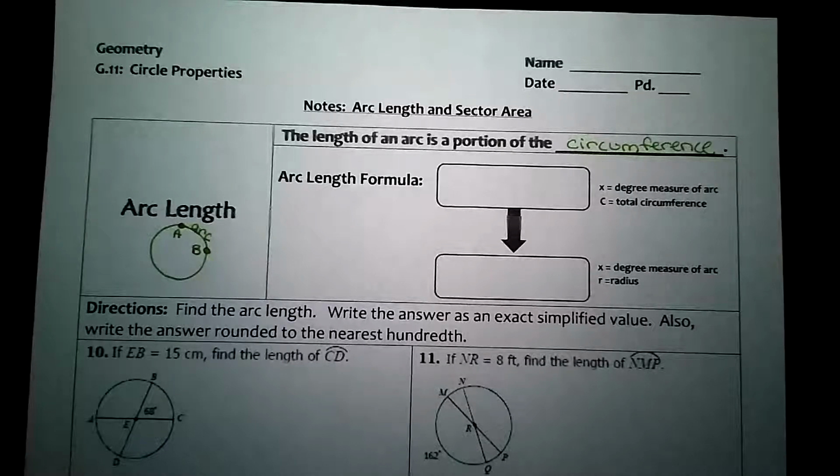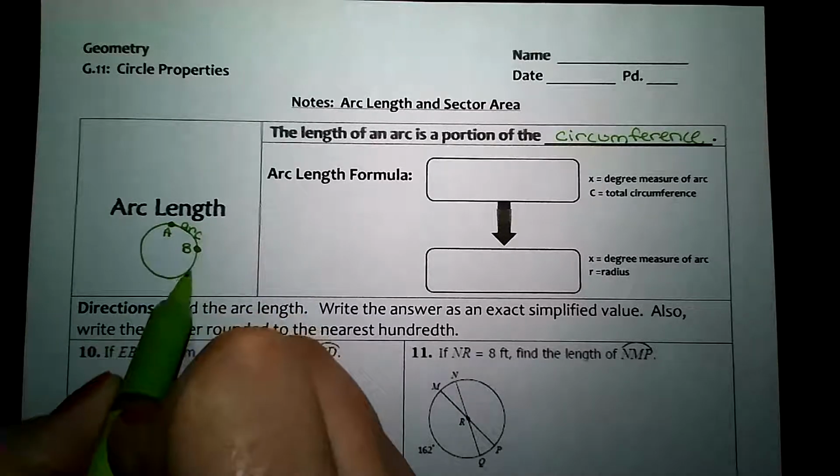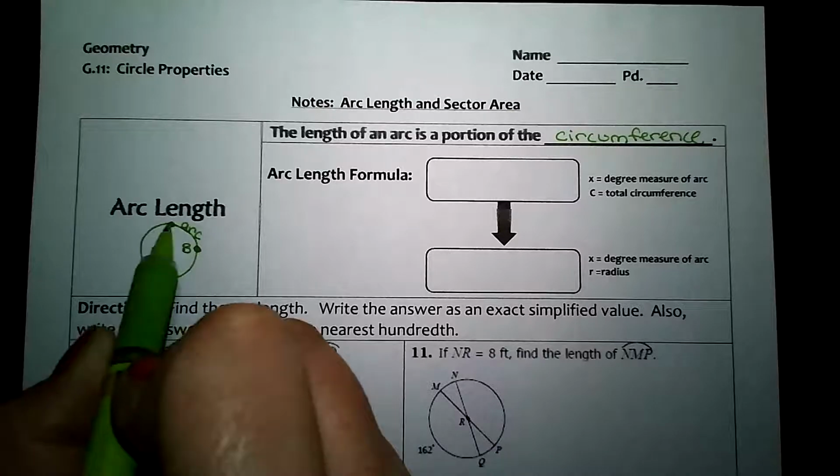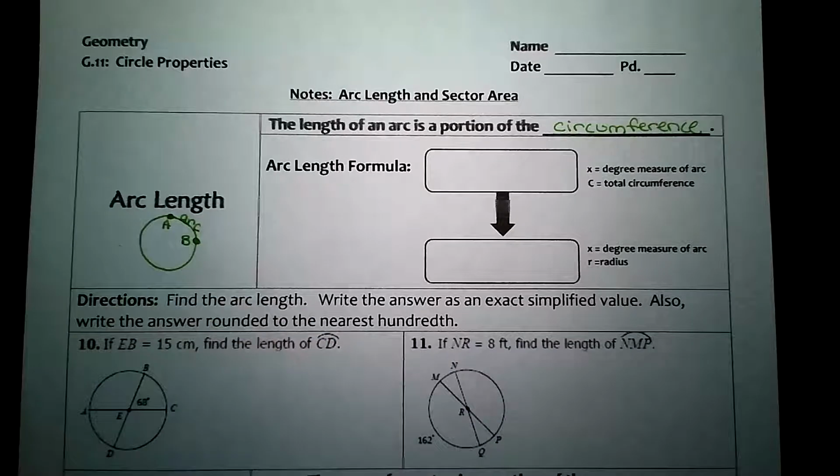So if I got out a string and laid it on this green circle and then unwrapped it, that's a length. Maybe it's an inch long, maybe it's 4 centimeters long, maybe it's the circumference of something huge like the circumference of the sun, and we're talking about miles and miles, kilometers, okay?